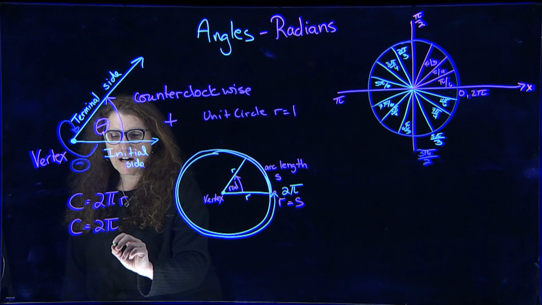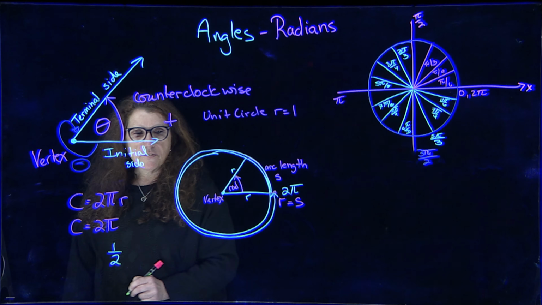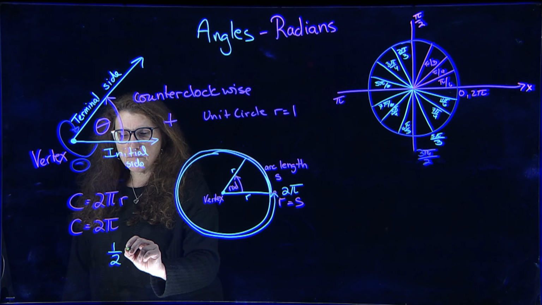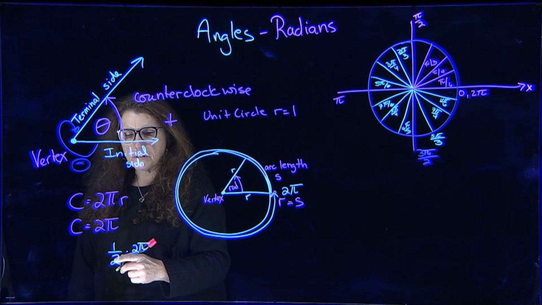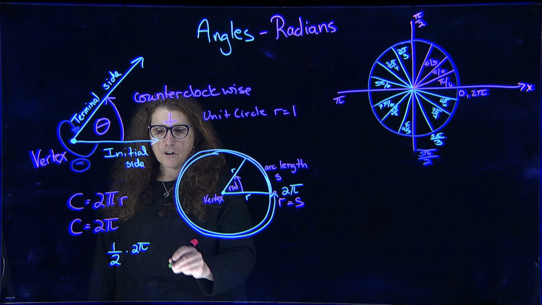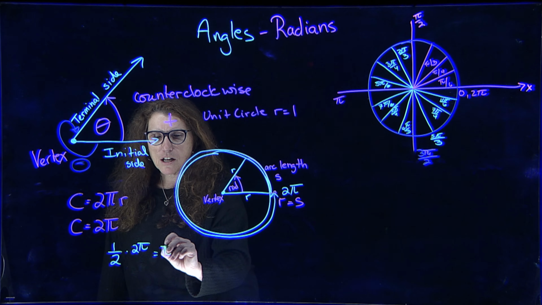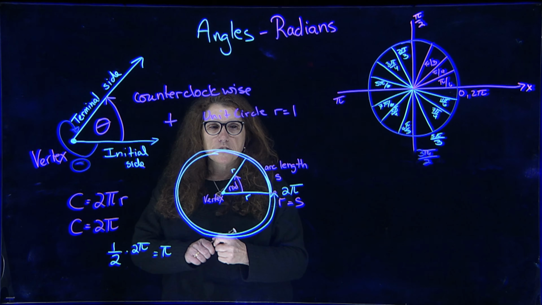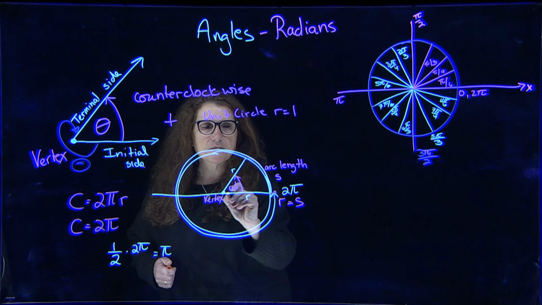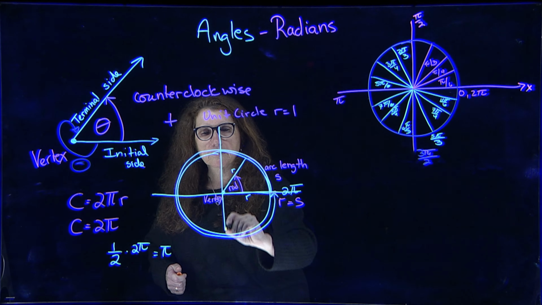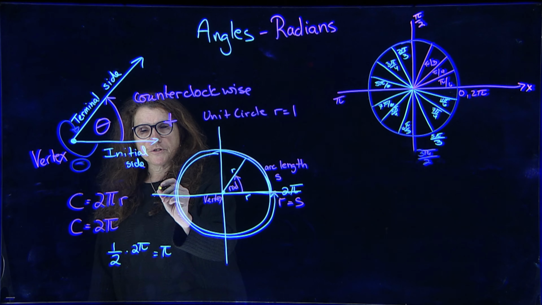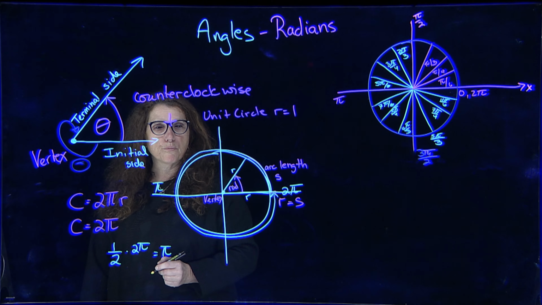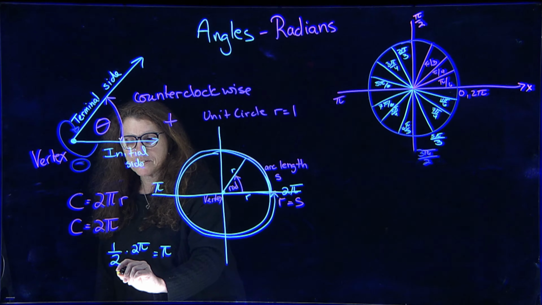Now, if I divide 2 pi by 2, or multiply it by 1/2, what do I get? I end up at pi. So if I divide this into a coordinate system, I divide it by 2, I end up at pi. So pi is equivalent to 180 degrees.